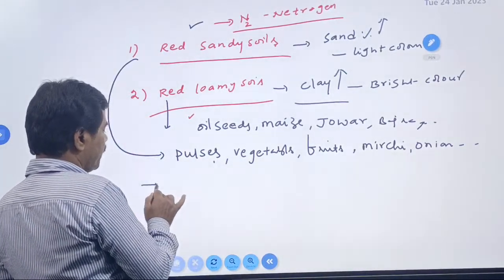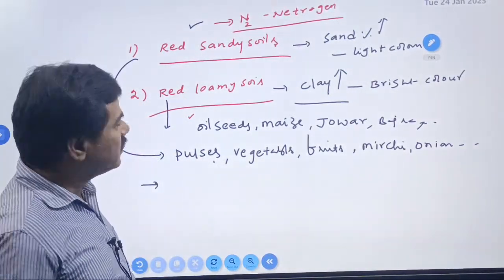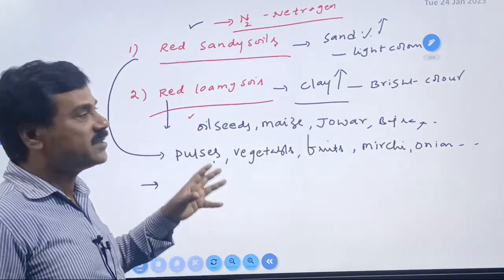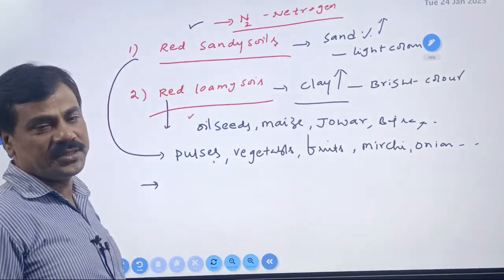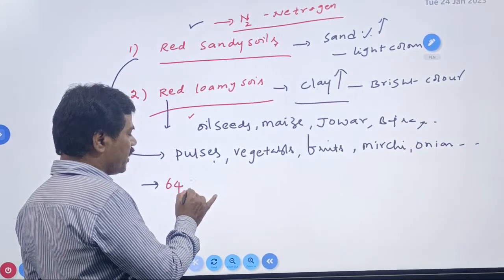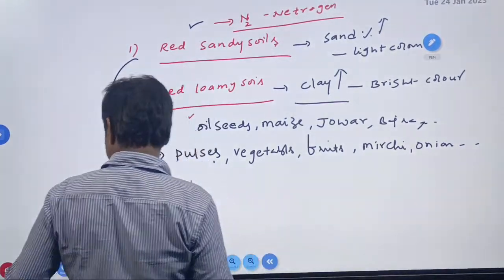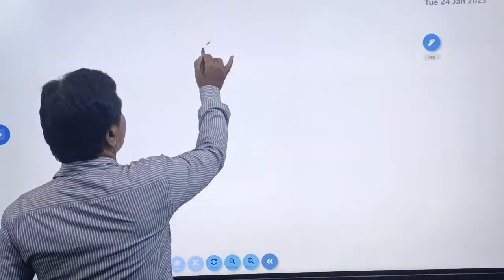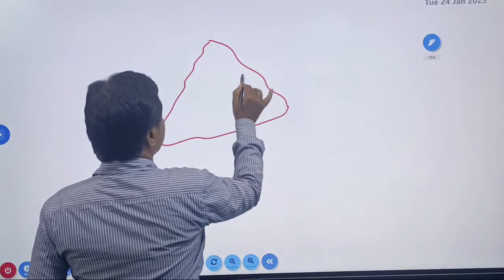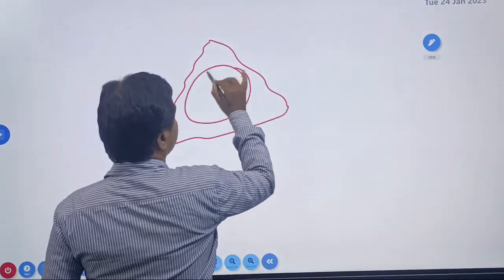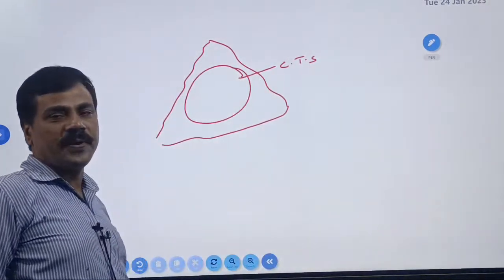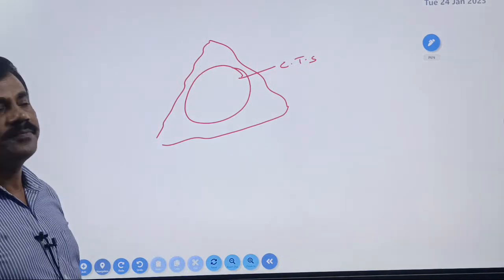In Telangana, this type of red soil occupies a maximum of 64%. That 64% of the soils are majorly in central Telangana, which occupies the major part.